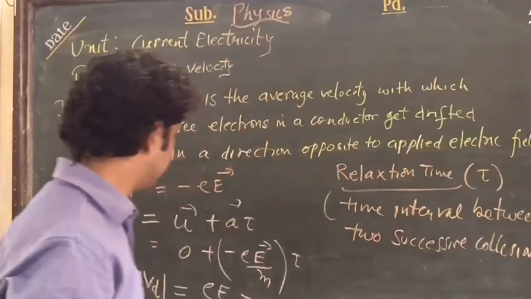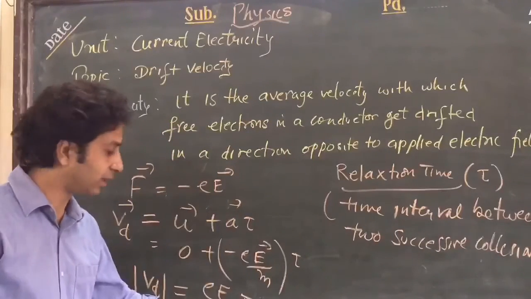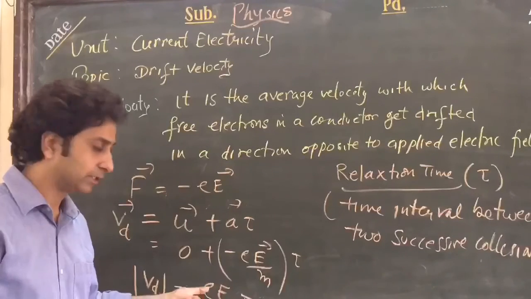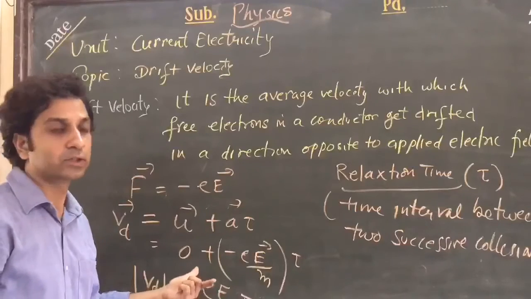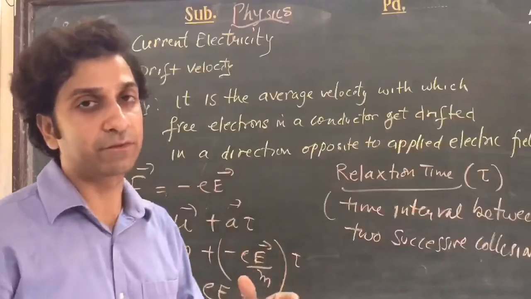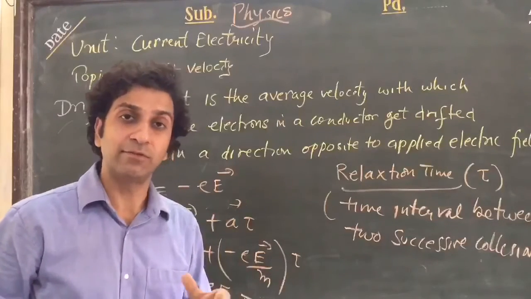So drift velocity depends upon the relaxation time, the mass of the charge carrier, the applied electric field, and the charge of the carrier. All these parameters decide the value of the drift velocity gained by a charge carrier in the presence of an electric field.